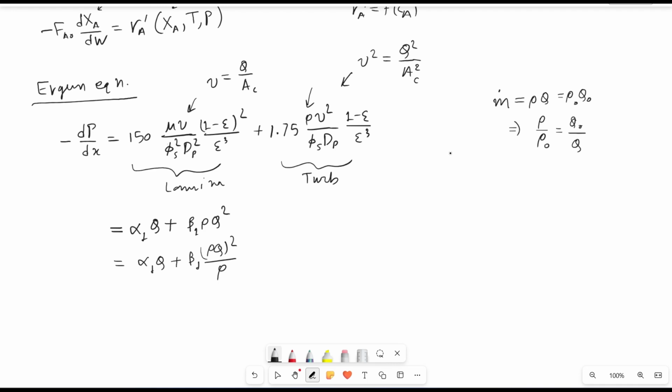Now (rho Q) whole squared is the mass flow rate squared. This is another constant, so I will write it as alpha 1 Q plus beta prime into 1 by rho, because rho Q is the mass flow rate, which is constant.